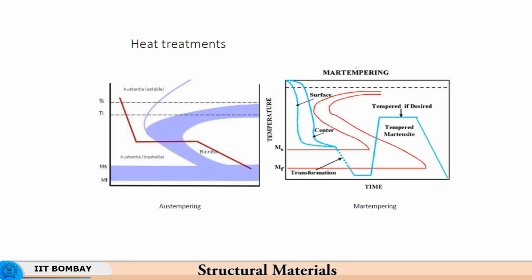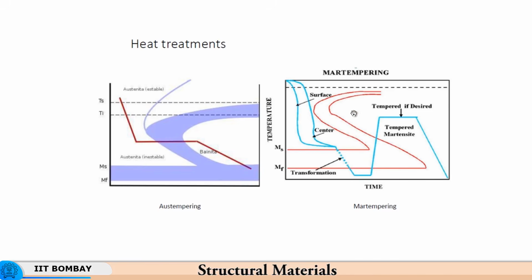So the idea of tempering the martensite is that the carbon should come out of martensite, because as I said, whatever carbon was locked up in the austenite, you know that austenite by virtue of a face centered cubic structure can dissolve a lot of carbon, and then you have not allowed it to diffuse out of austenite because you have not let the transformation take place by rapidly cooling it.